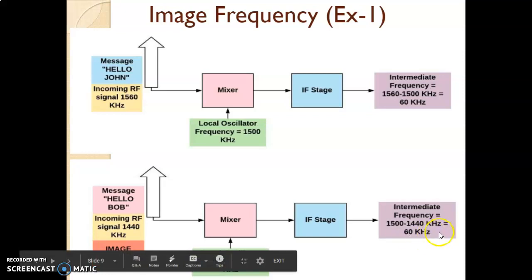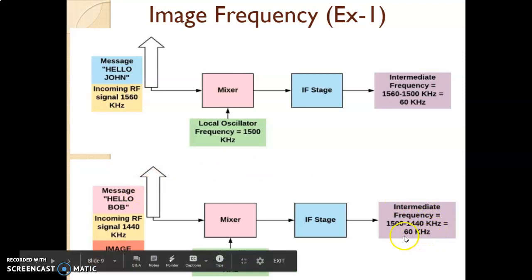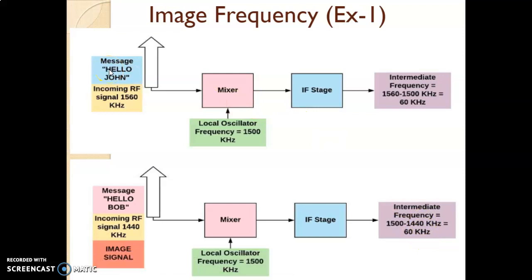And this is the image frequency. This Hello Bob is the image signal. This is not our desired signal, but still it is producing the intermediate frequency of 60 kilohertz. Hello John is our original information signal which is desired, and that is also producing 60 kilohertz.